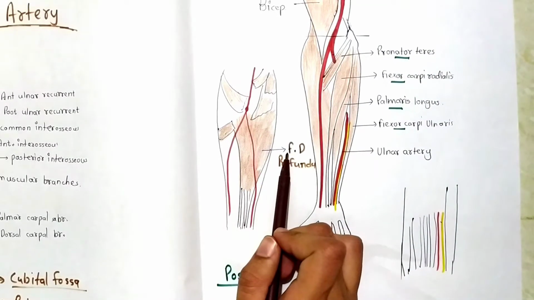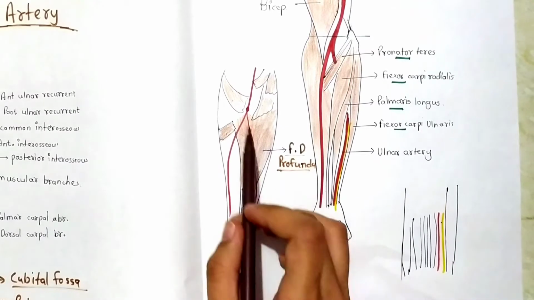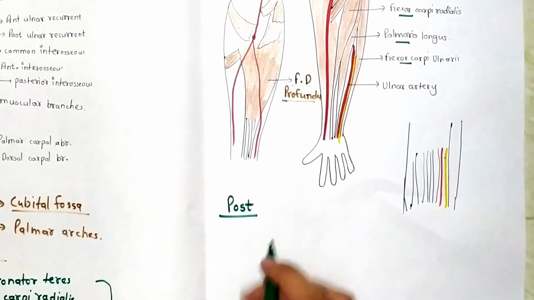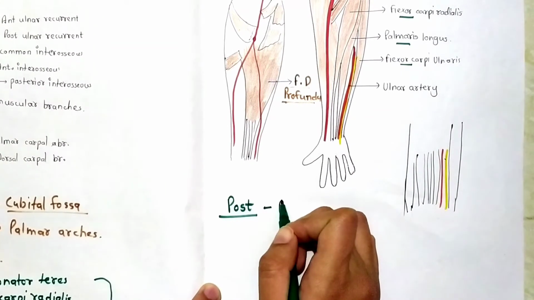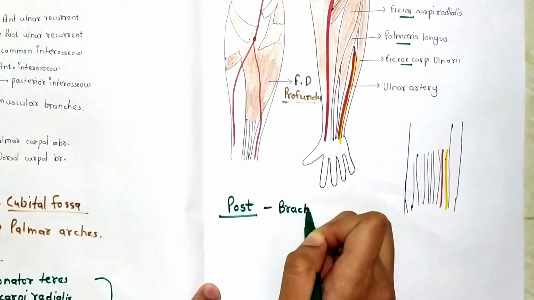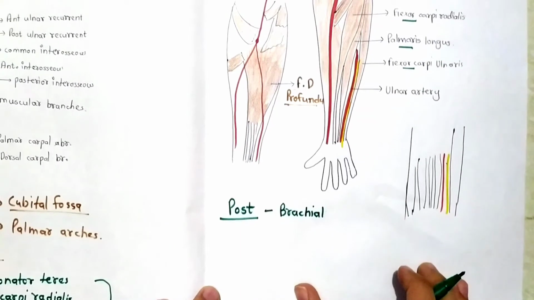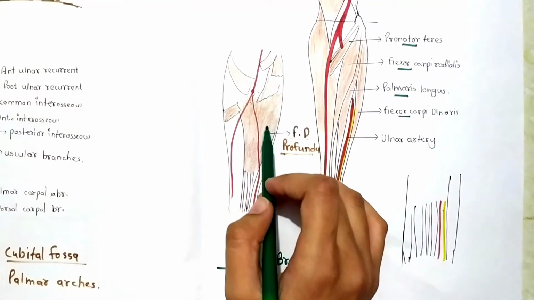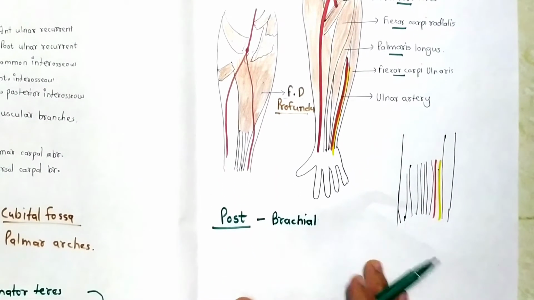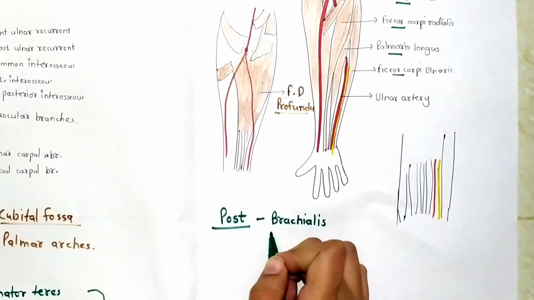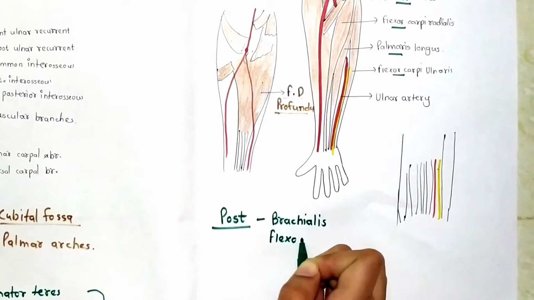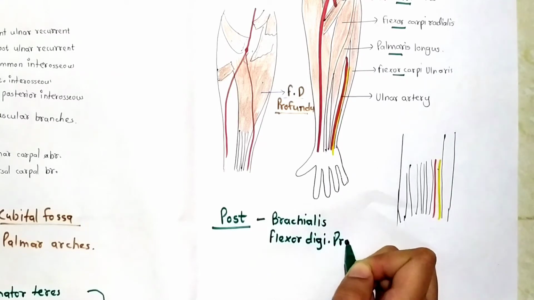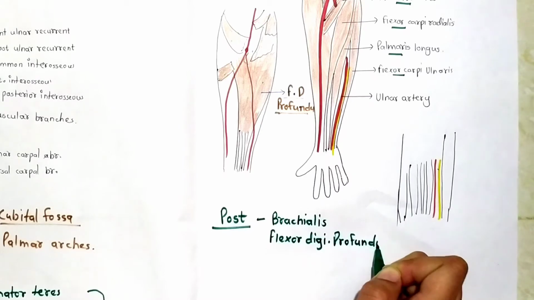So this one is the flexor digitorum profundus muscle, and this is the ulnar artery going over it. In the posterior relation there is also the brachialis muscle in the upper part, and then there is the flexor digitorum profundus muscle.